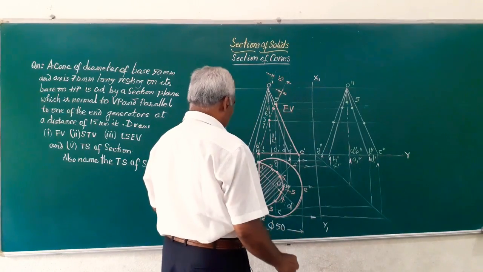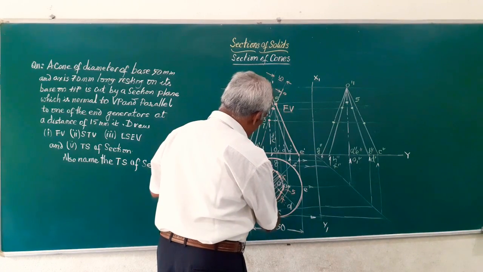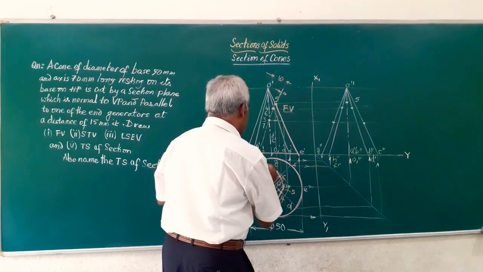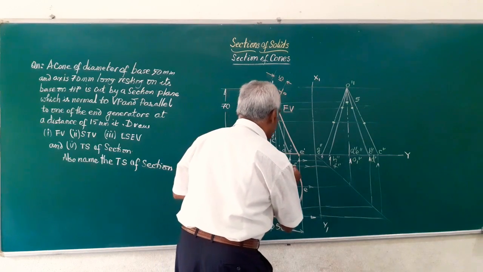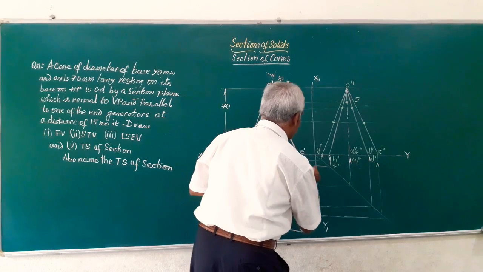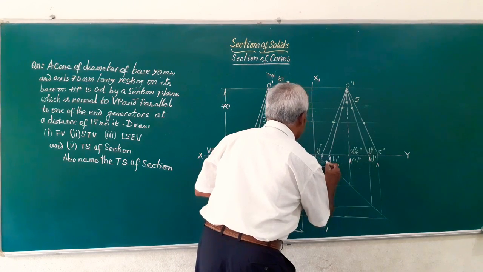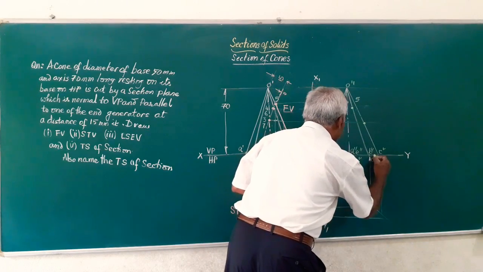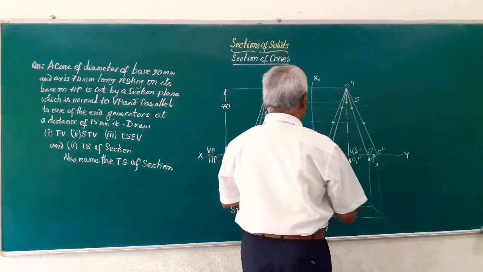OC and OG we have got. Then we have got the points 1 and 2, which are on the base. So, friends, you have got this point here, draw a line from there till it touches here, take it till the base. So, on the other side also you get the same point. So, friends, that is the point.